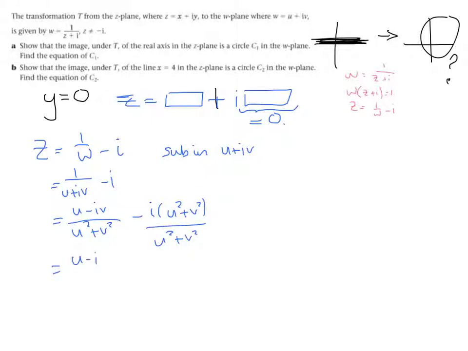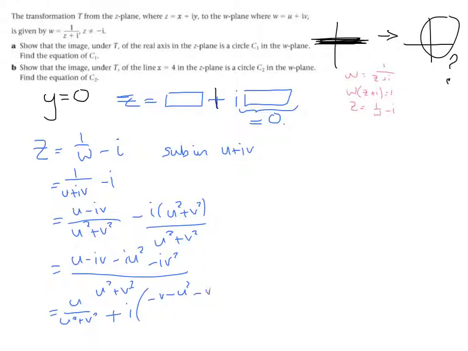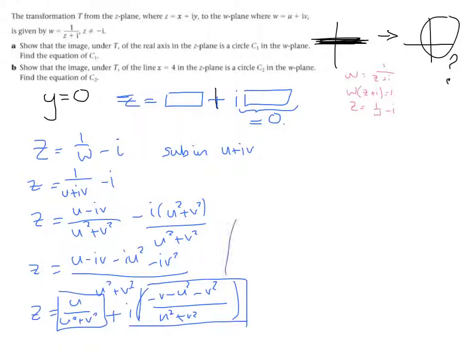So we've got u minus iv minus i(u squared plus v squared) all over u squared plus v squared. And putting that in its real and imaginary parts, u over u squared plus v squared, that's the x, plus i times minus v minus u squared minus v squared all over u squared plus v squared, and that is our y. And this is the bit, because all of these equal z, z equals x plus iy, and y is 0.